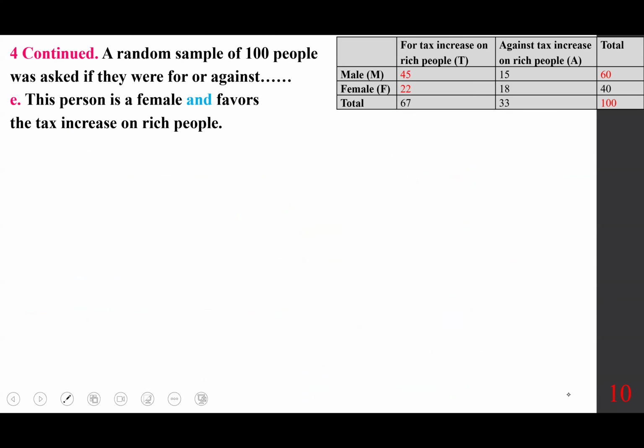I'm going to continue with the same question. Now, this person is a female and favors the tax increase. The formula: probability of F intersection T is N of F intersection T over N of S. In other words, that 100 hasn't changed. Now, the two groups that we are looking at are females, this row, and then T, this row.